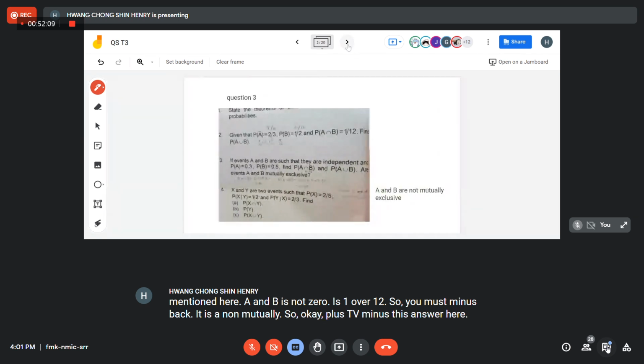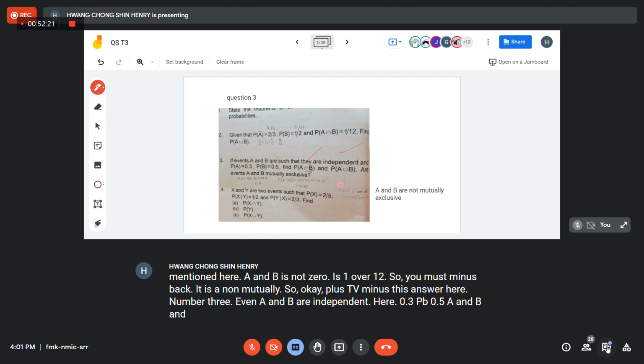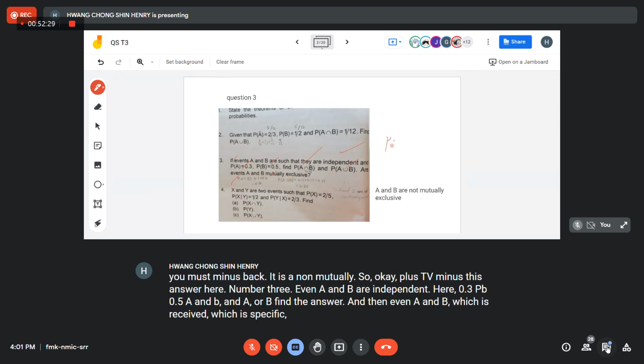Here, number 3: events A and B are independent. P(A) is 0.3, P(B) is 0.5. Find P(A and B) and P(A or B). And then events A and B are mutually exclusive. For mutually exclusive, you must prove what?